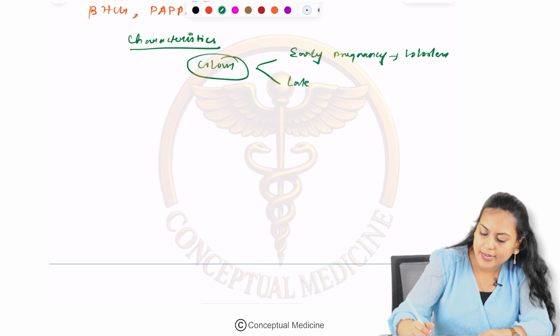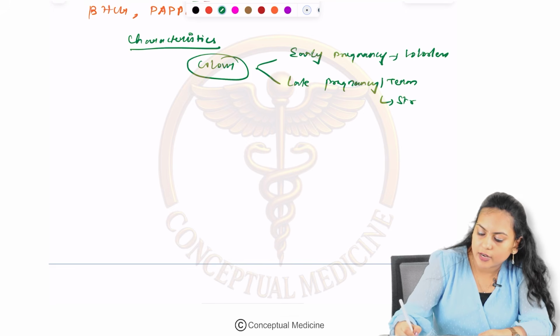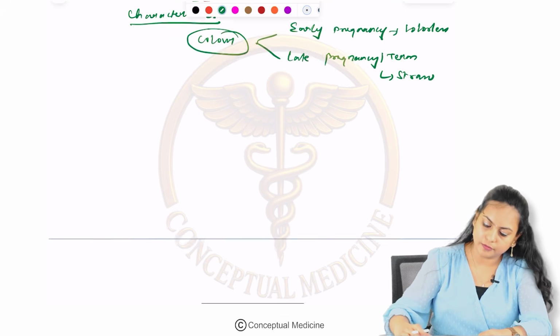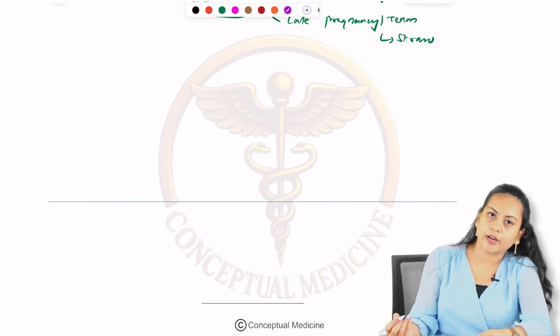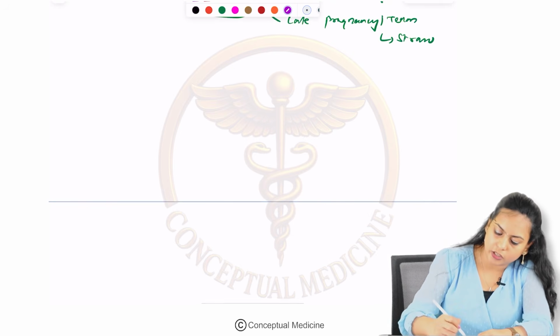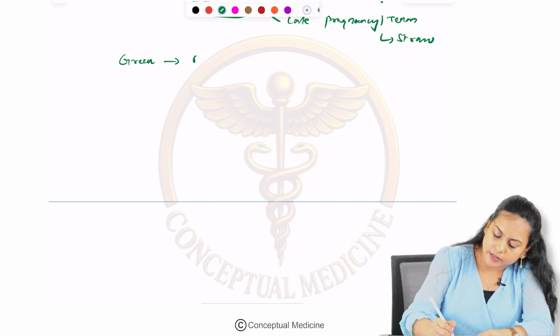In late pregnancy or term, this becomes a straw colored fluid. There can be some pathologies you can identify using this color change. Number one, if it is green in color, it is meconium stained fluid.